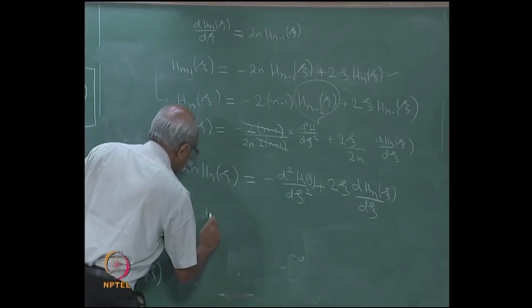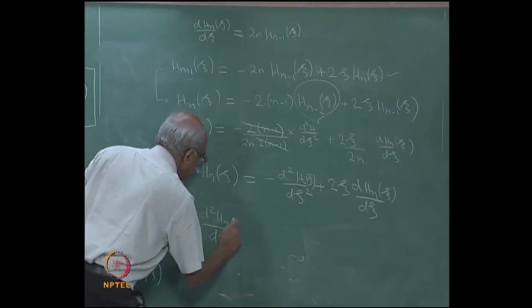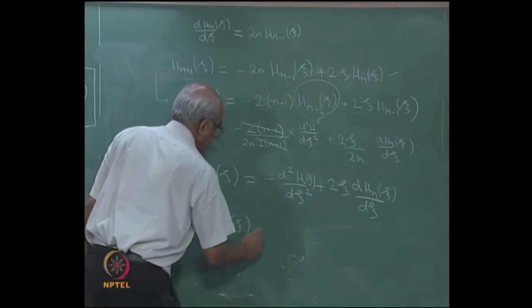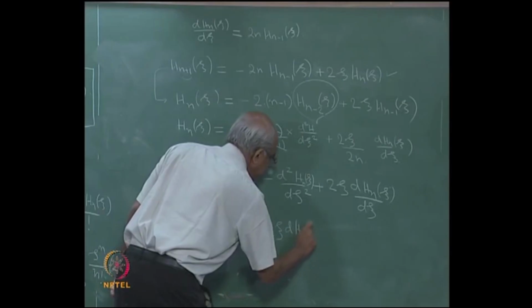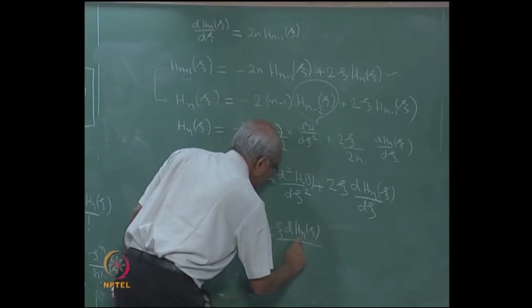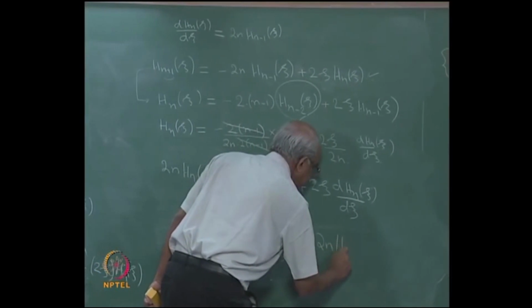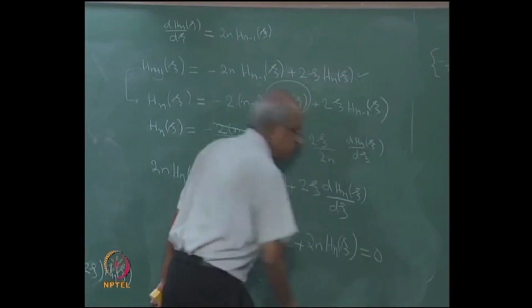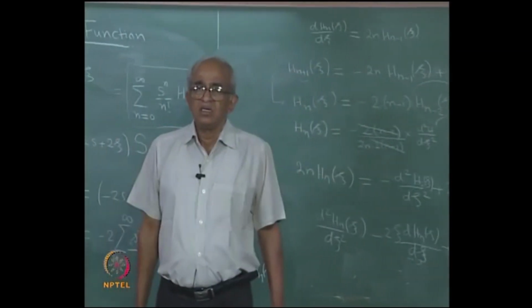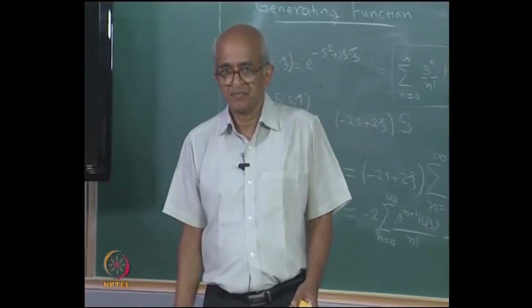You are going to get d square h n by d c square, right, and that is the answer that I wanted.